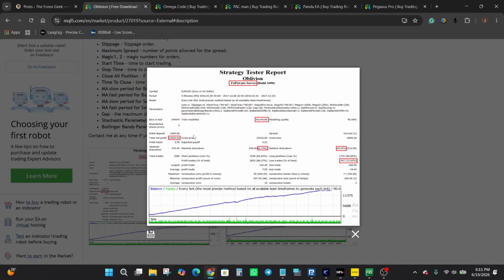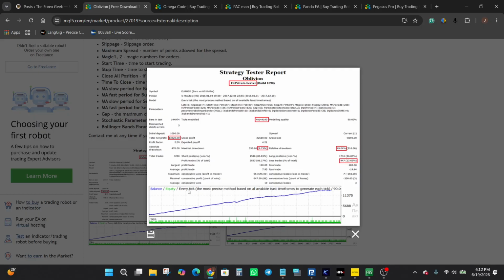Based on the information that we can see here, the Oblivion EA was tested on EURUSD 5 minutes time frame. This was between 4th January 2016 to 8th December 2017. And I can see here that initial deposit was $1,000. Total net profit was 13,820.